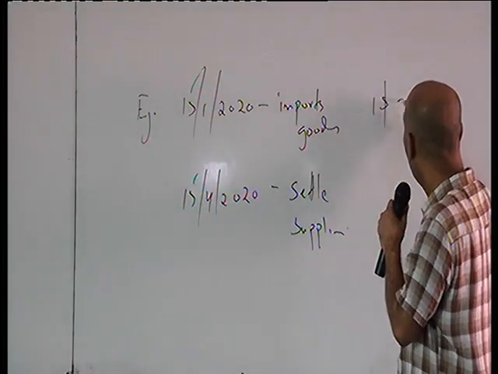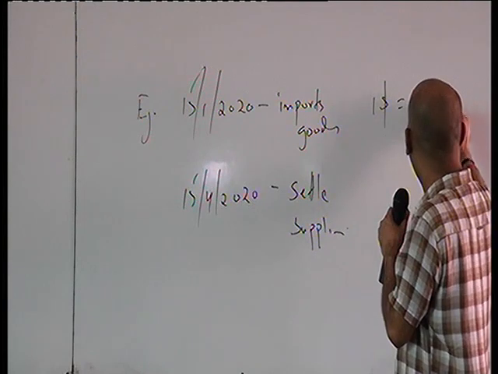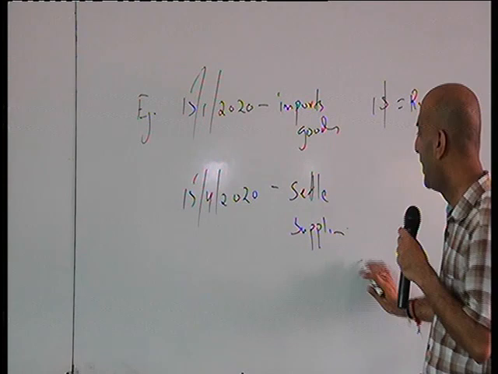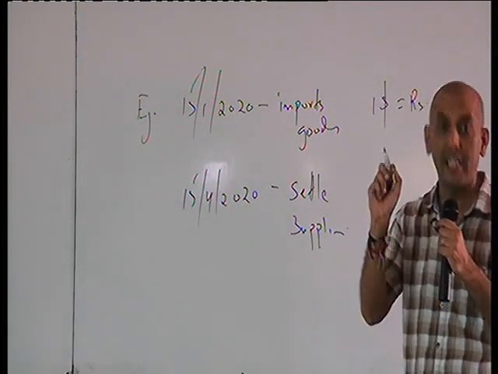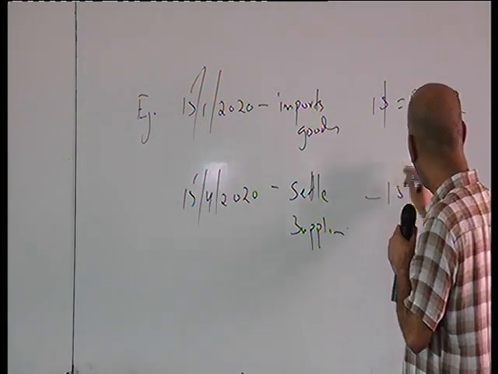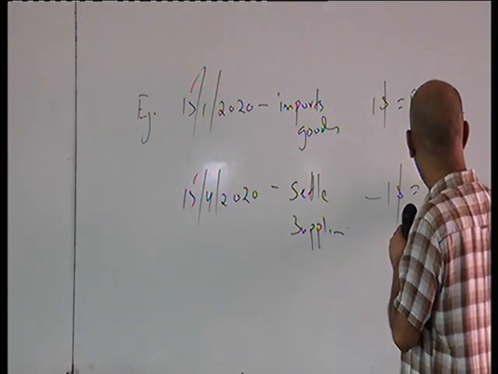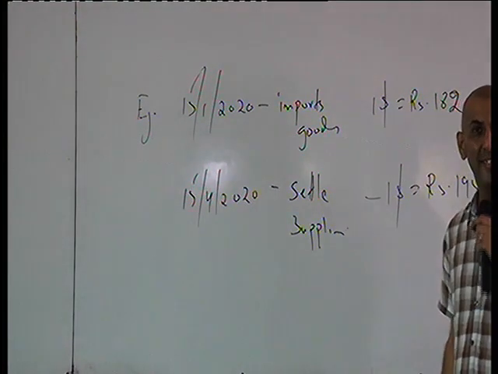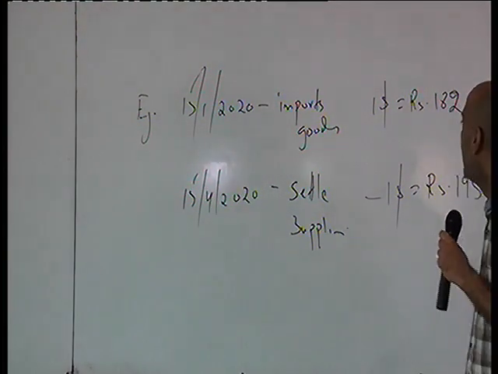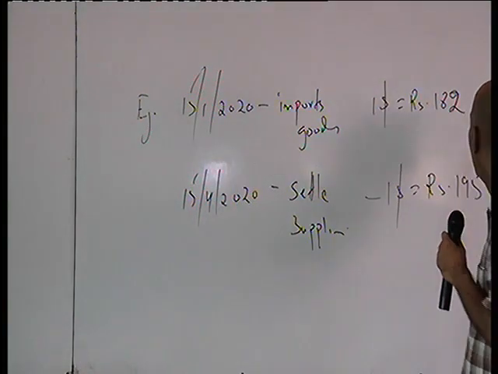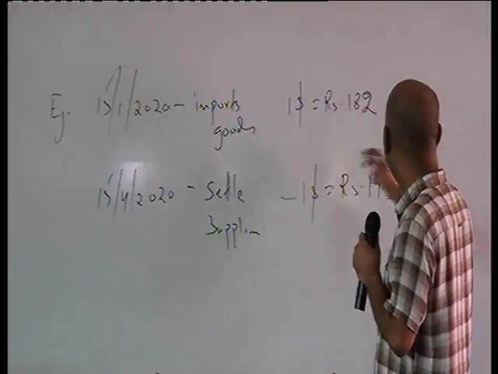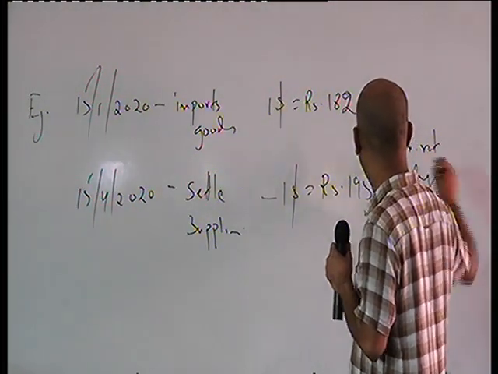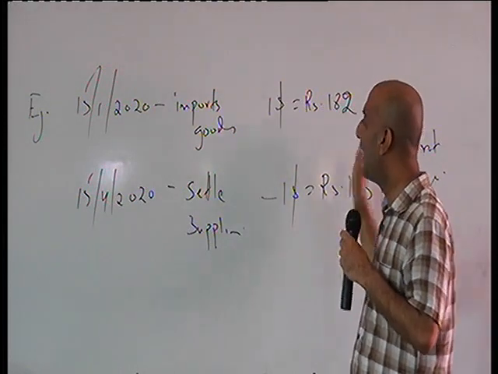On that date, your $1 equals 182. 15th of April only you have to settle. At that day, $1 equals 195. Now what is the risk? The transaction risk means from transaction date to your settlement date, the exchange rate changes. This is the transaction risk.